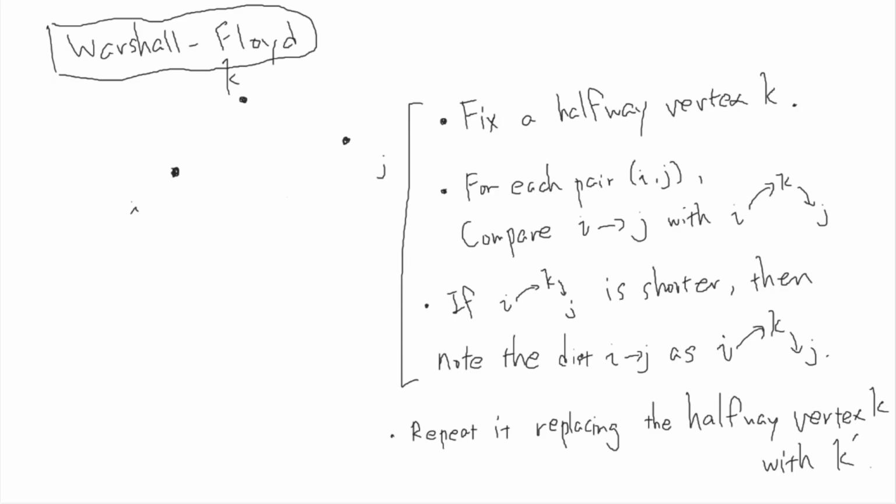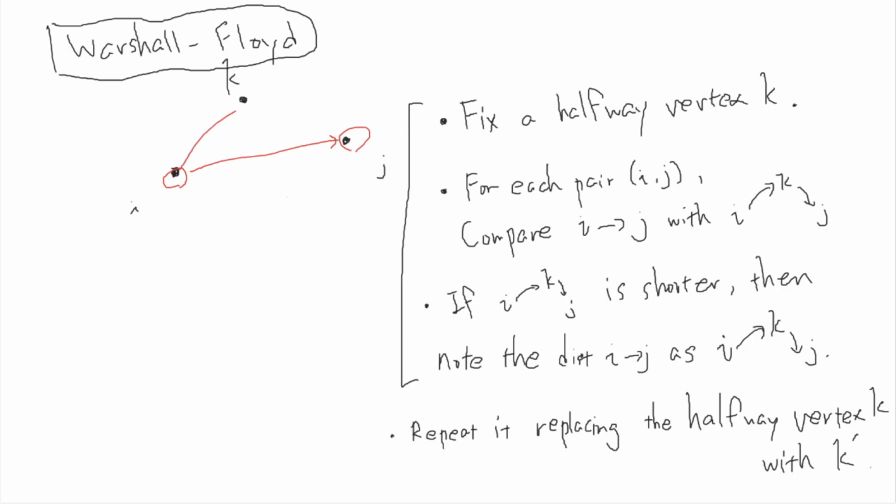Then, for each pair i, j, compare i to j with i to k to j. If i to k to j is shorter, then note the distance from i to j as the distance of i to k to j.